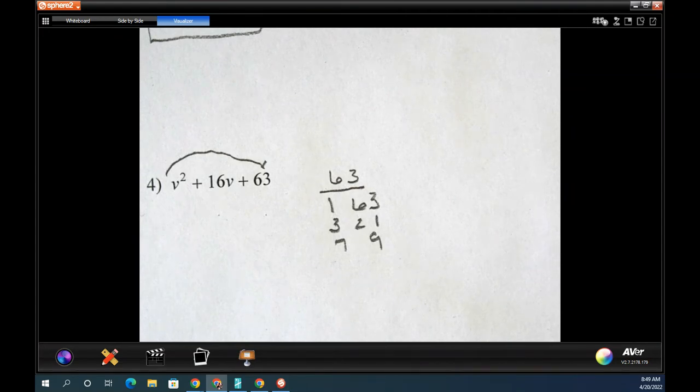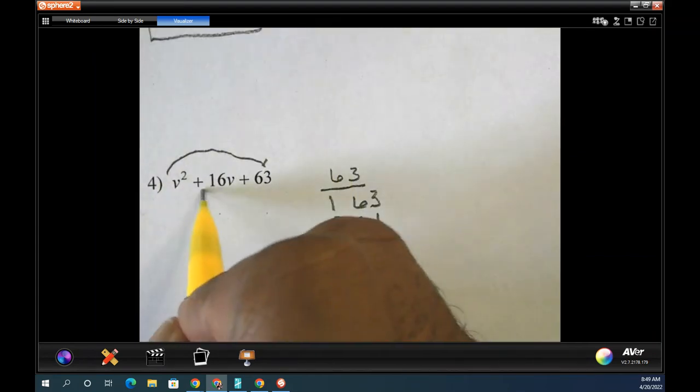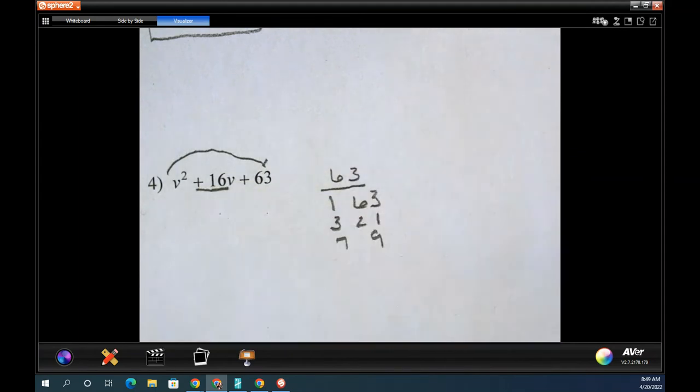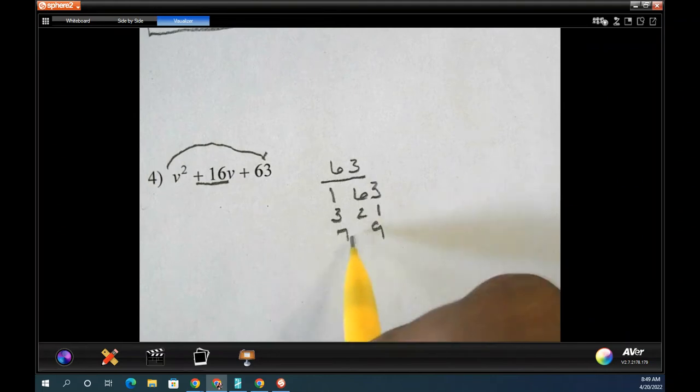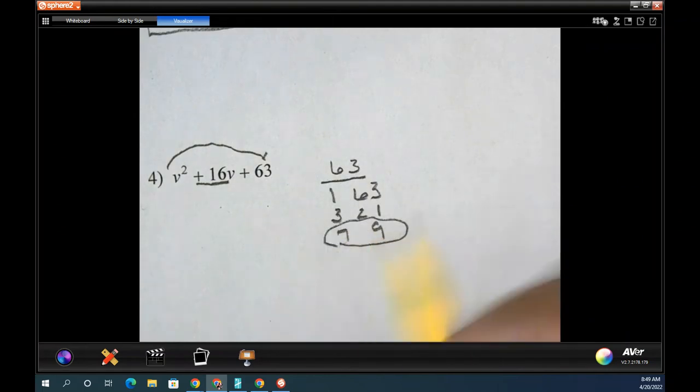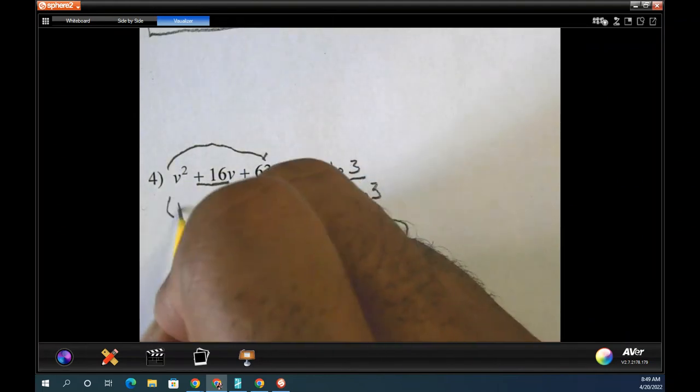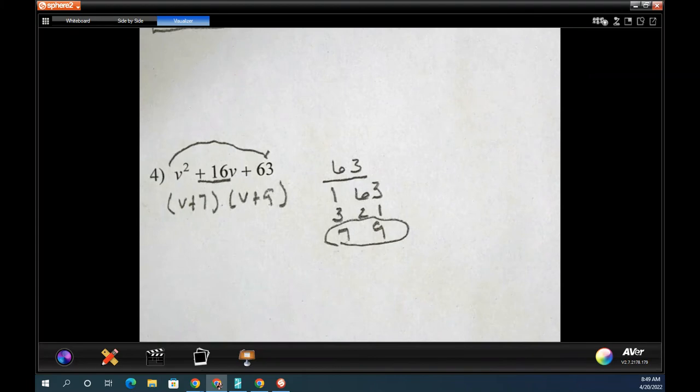Right there. Okay? Now, all you do is find the two factors that add up to 16. What are they? 7 and 9. So your answer is just v plus 7, v plus 9. That's it.